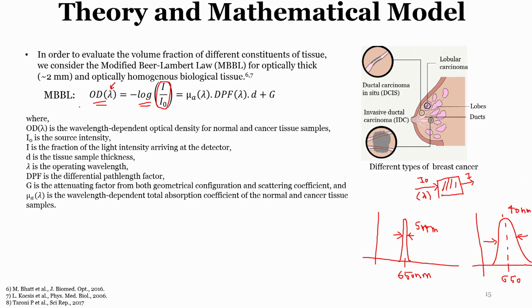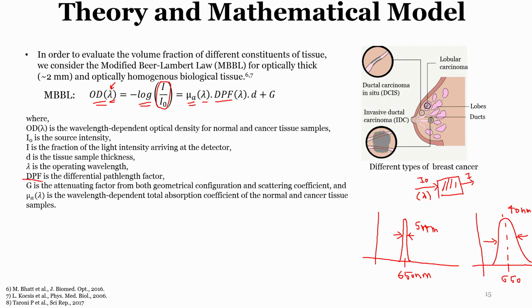So we have the optical density as a function of lambda, and then we have the absorption coefficient, which is again a function of wavelength. Then we have introduced a new term, which is known as the differential path length factor.